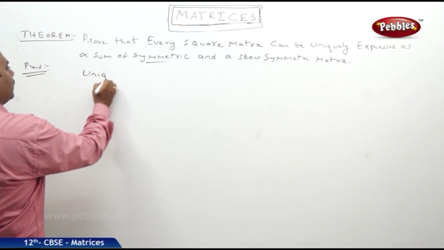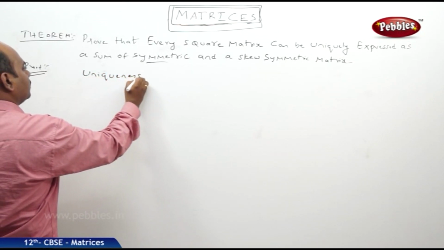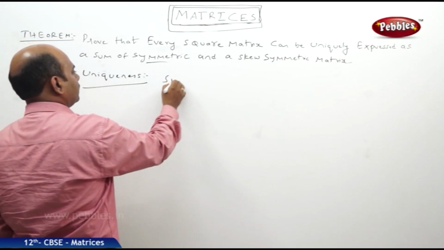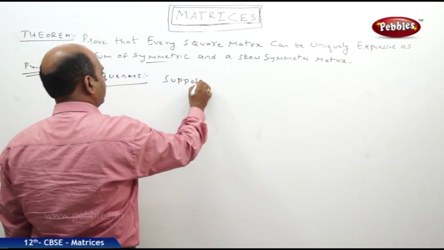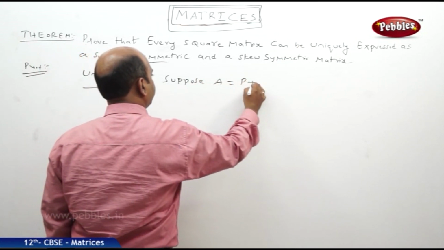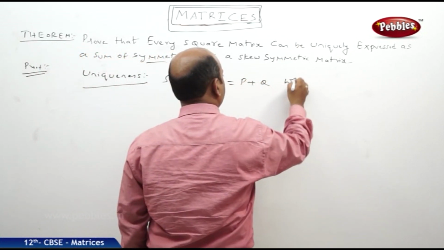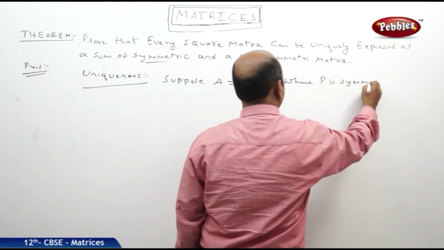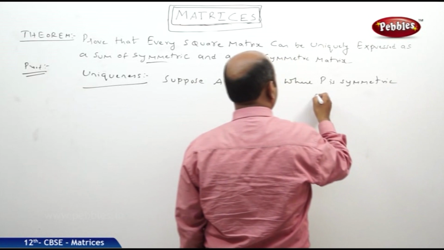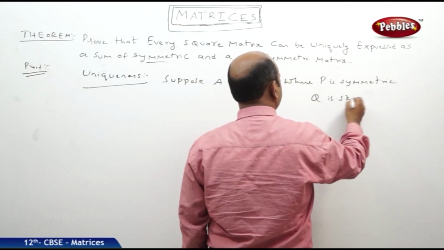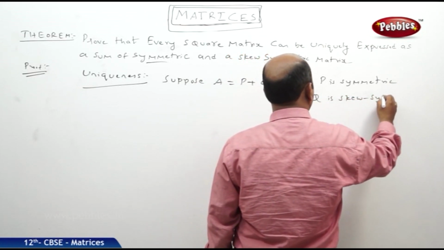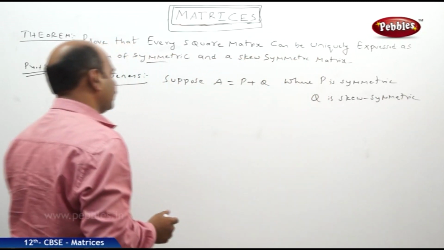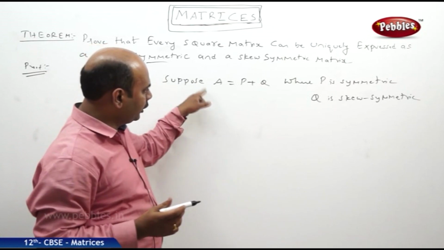Now we are going to prove uniqueness. Suppose capital A is equal to P plus Q, where P is symmetric and Q is skew symmetric matrices. Now we need to prove uniqueness.